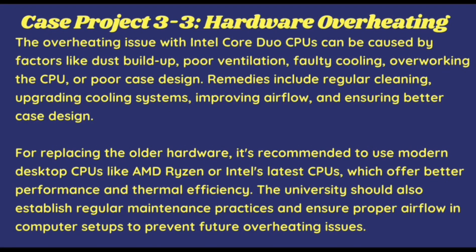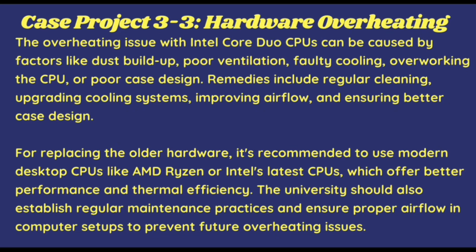Hardware overheating. The overheating issue with Intel Core Duo CPUs can be caused by factors like dust buildup, poor ventilation, faulty cooling, overworking the CPU, or poor case design. Remedies include regular cleaning, upgrading the cooling system, improving airflow, and ensuring better case design.